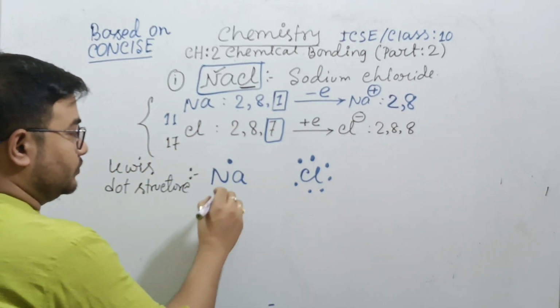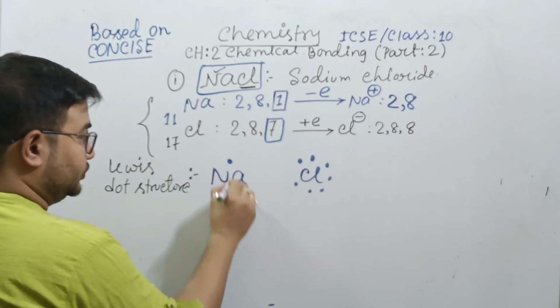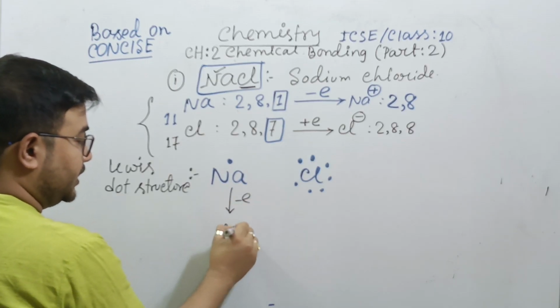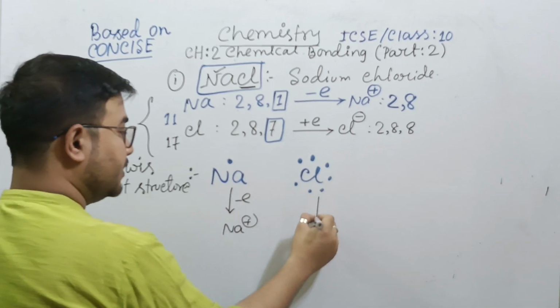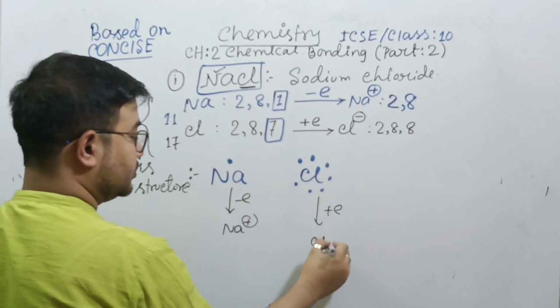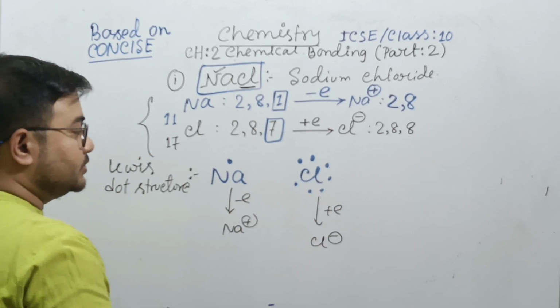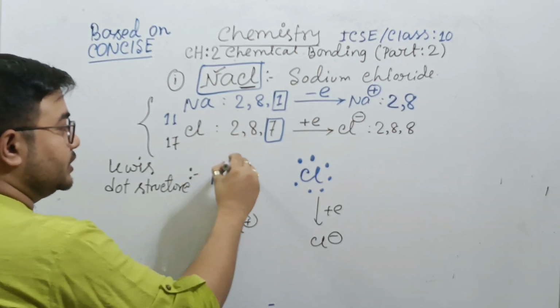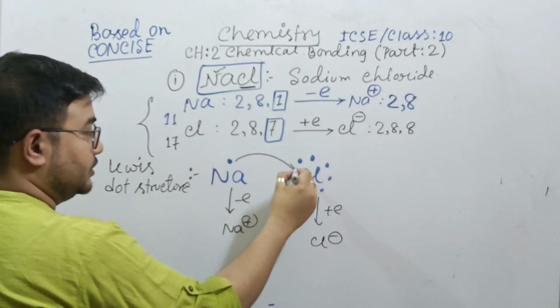So this sodium loses an electron and you can write Na plus. Same process, except it accepts an electron, you can write Cl minus. So electron loss means sodium transfers the electron to chlorine.